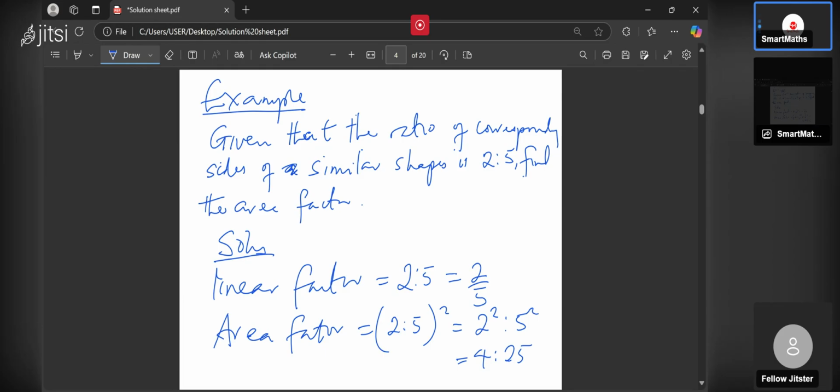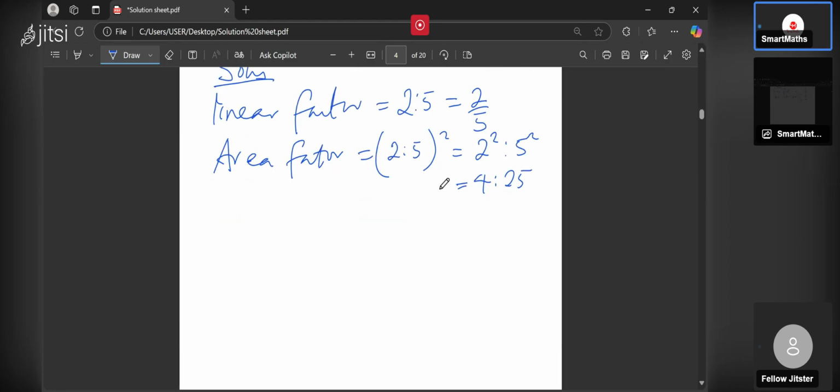And before another aspect, what is the area factor of a similar shape with ratio of corresponding sides of 5 to 7? This is the linear factor.